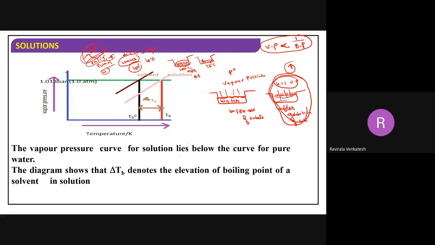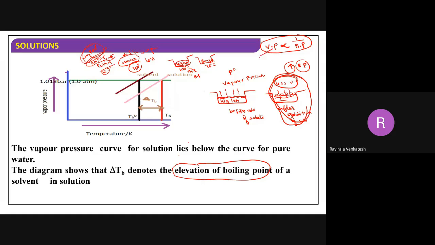Previous concept: when vapor pressure is decreasing, the boiling point increases. So what is the colligative property we are discussing here? Elevation of boiling point. Elevation means increasing. That means when you add some solute to the water, boiling point will increase and vapor pressure will decrease.